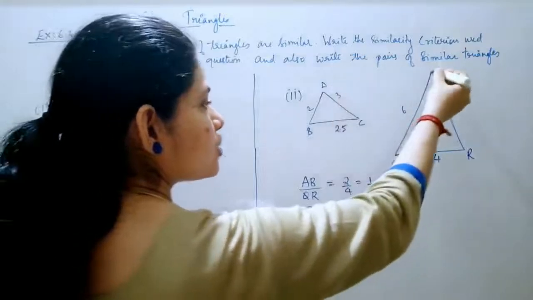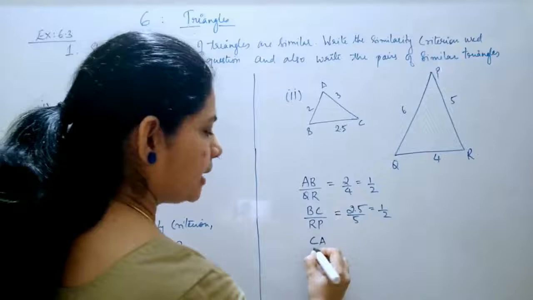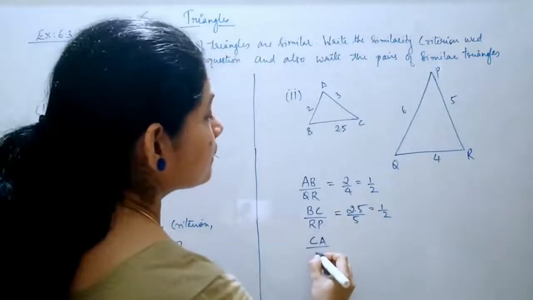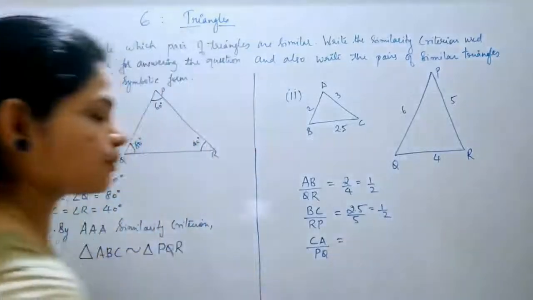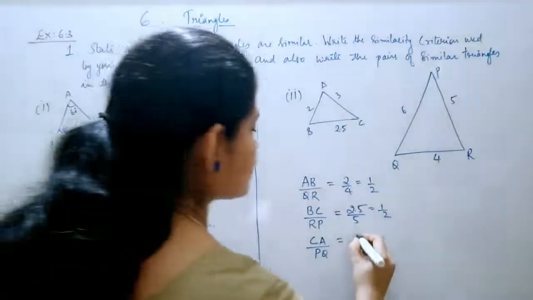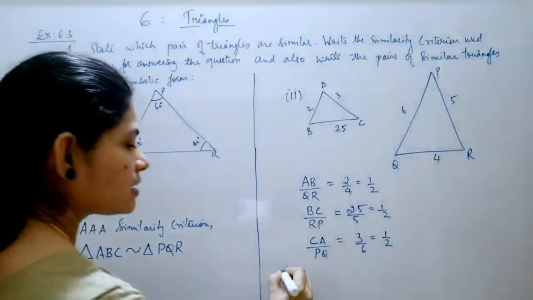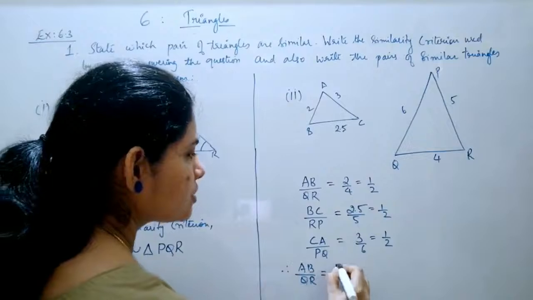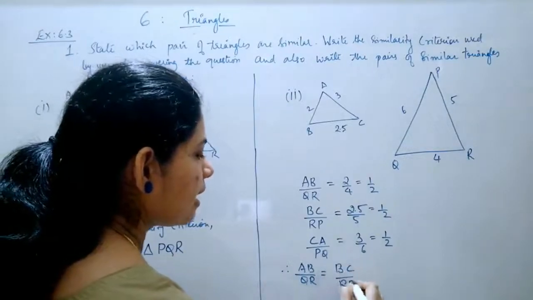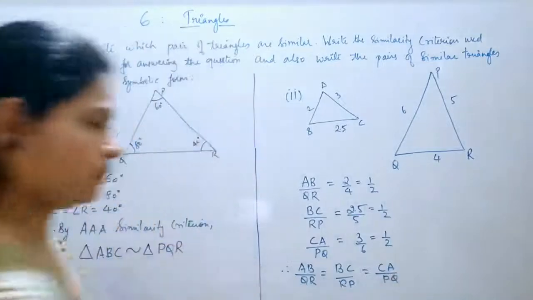If I consider CA, it should be PQ. CA, here C matches with P. So CA will give you PQ as its corresponding side. And it is 3 by 6, which will again give you 1 by 2. That means you can say AB by QR is equal to BC by RP is equal to CA by PQ.